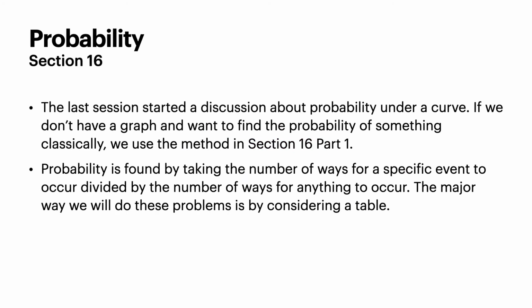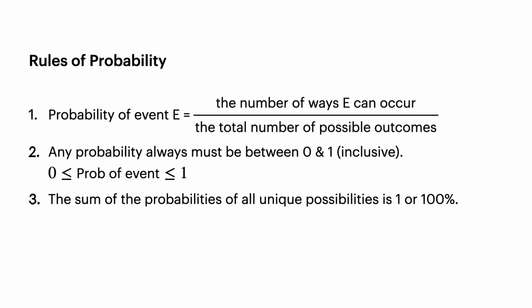Okay, let's look at section 16. Section 16 is all about probability. Last section we were talking about probability within the context of normal distribution. Now we're going to talk about probability just in the classical sense. The rules of probability are you take the number of ways an event can occur over the number of possible outcomes.